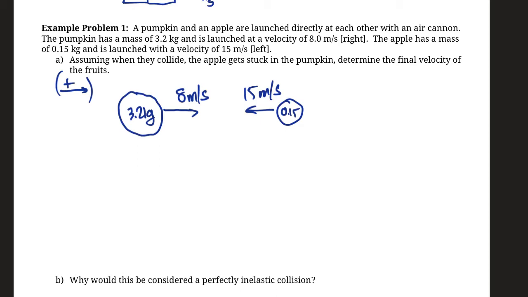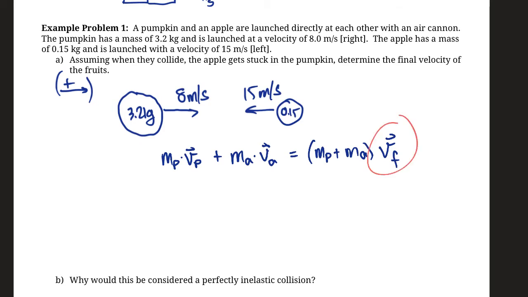So we can look at this: the mass of the pumpkin times the velocity of the pumpkin plus the mass of the apple times the velocity of the apple is going to equal, and again, at the end, we're going to combine the pumpkin and the apple, and it's going to have some final velocity, which I'll call VF. We're basically trying to solve for VF. Do we know everything else? We do. All we have to do is plug it in and solve.